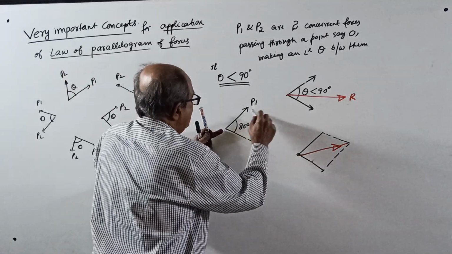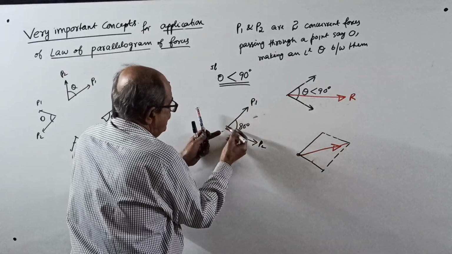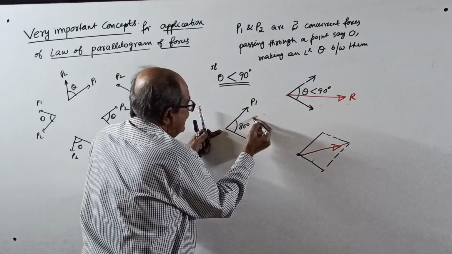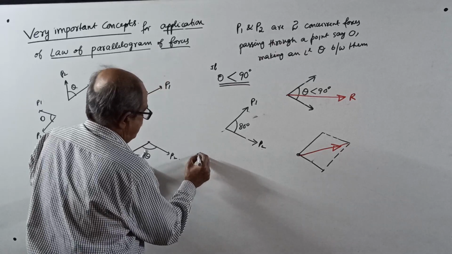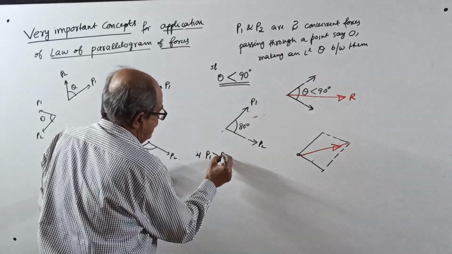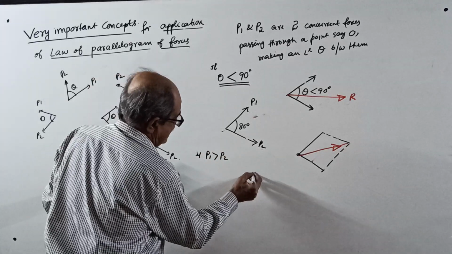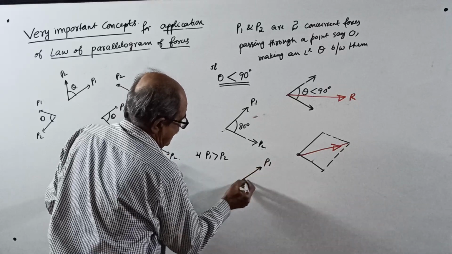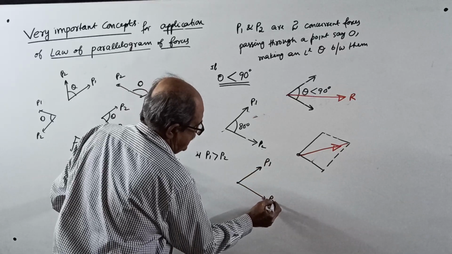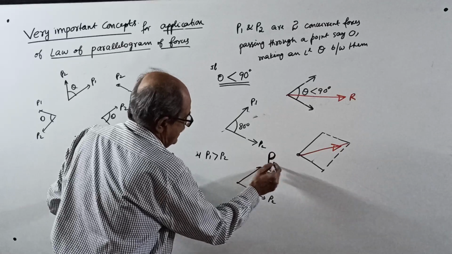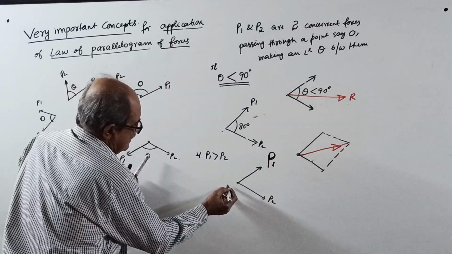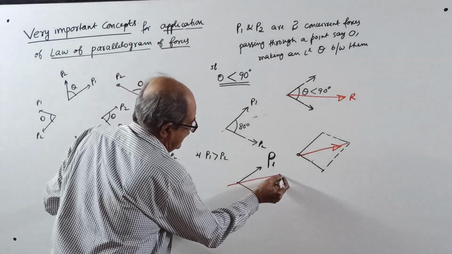Then what will this angle be? I will write here: if P1 is more than P2, I will write P1 bigger. The resultant will be this way.